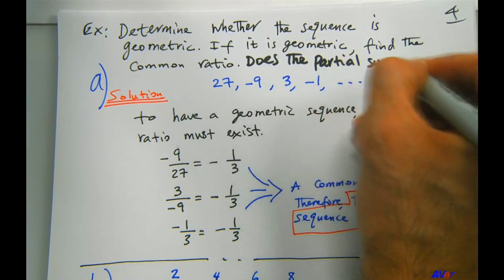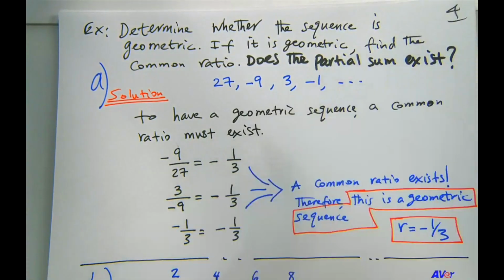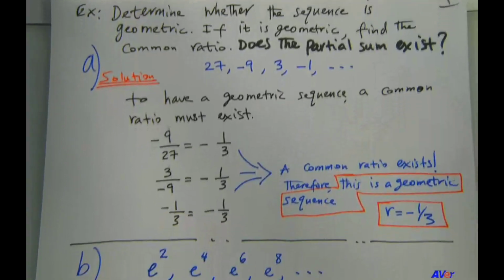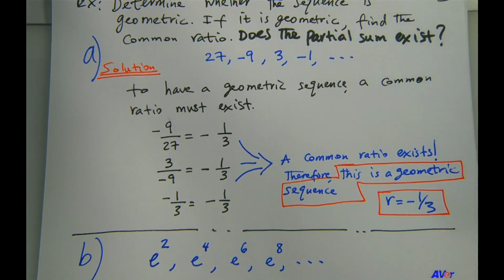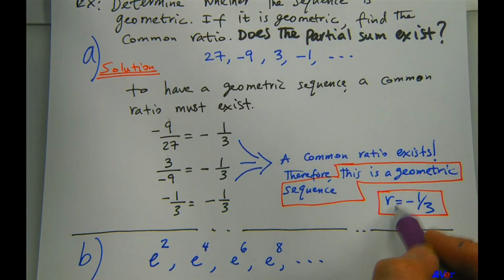I mean, in each case, right? Does it exist here? What do you think? Does the partial sum exist in this problem? It should, right? So the partial sum exists because the absolute value of R is less than 1.